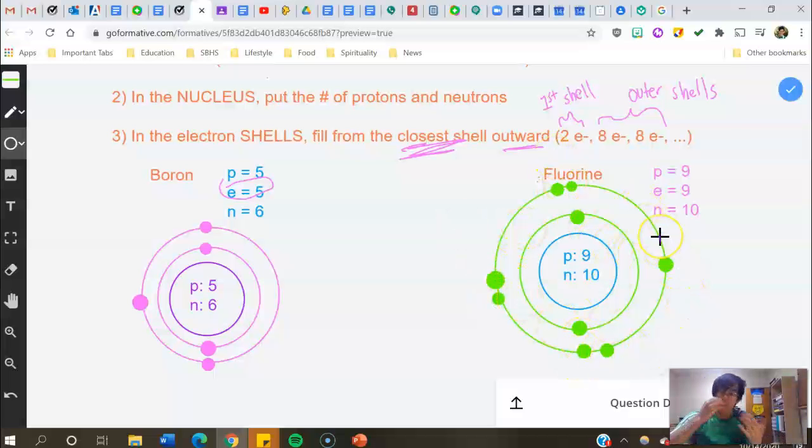If you want to quickly glance to make sure you have the correct number of electrons, you could just quickly count 2, 4, 6, and then 7, 8, 9. Conceptually, you want the electrons as far apart as possible, but for the sake of the model and checking your work, just have them together in pairs, which helps you count the number of electrons. And that's my fluorine atom. Practice drawing that on your own.